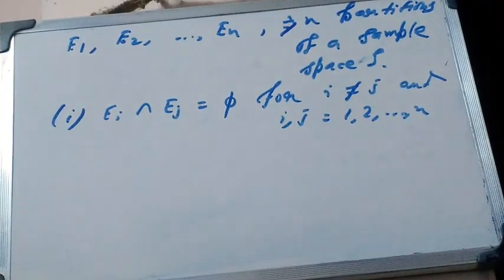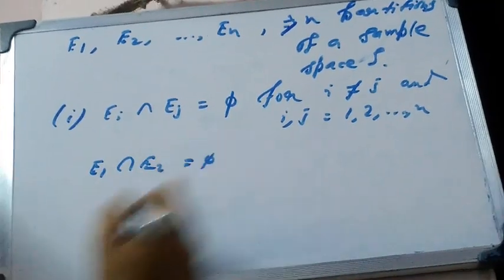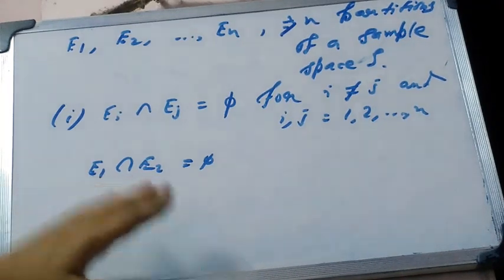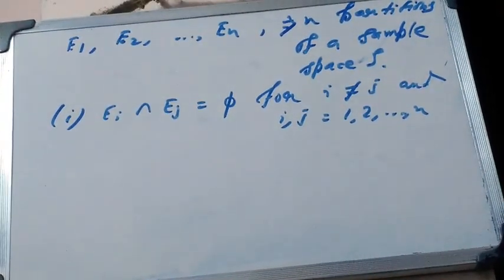That means E1 intersection E2 will be phi. That means all Ei and Ej are disjoint events. E1 and E2 are disjoint events, E2, E3 are disjoint events, E1, E3 disjoint, E1, E4 are disjoint. So all the events are disjoint. So this is the first condition.